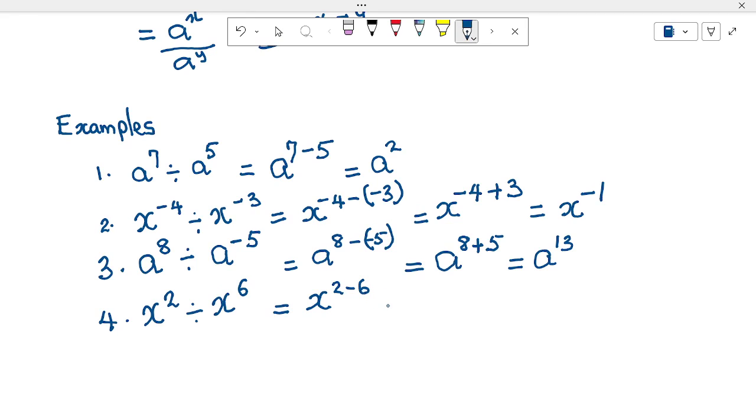2 minus 6, using that same illustration of owing and having oranges. This 2 has a positive in front of it, although you can't see it, but actually there is a plus in front of it.